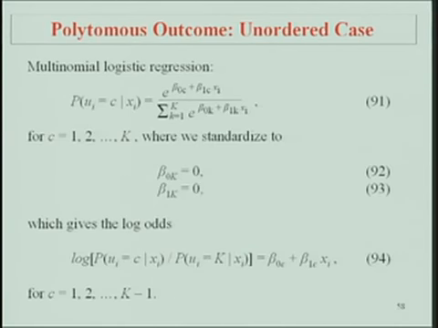And typically we standardize, so the last category of the dependent variable u has 0 coefficients. It's unfortunate that in the binary logistic case, the first category is standardized to have 0 coefficients, and in the polytomous case, the last category. I now regret that we were pulled into that old inconsistency, but we are. So in standard textbooks, you will find this kind of parameterization.